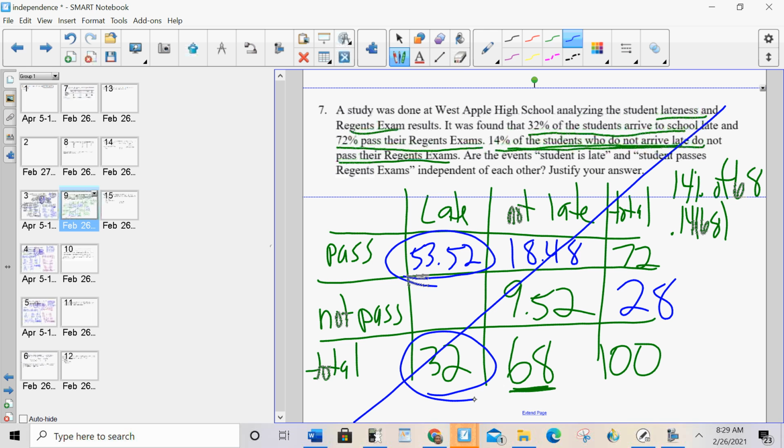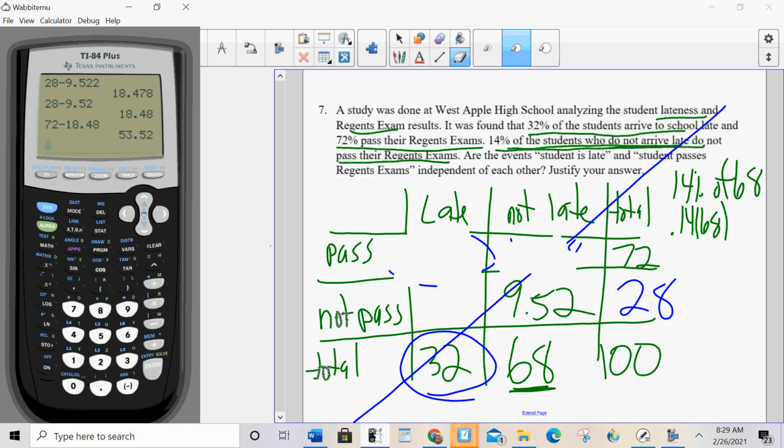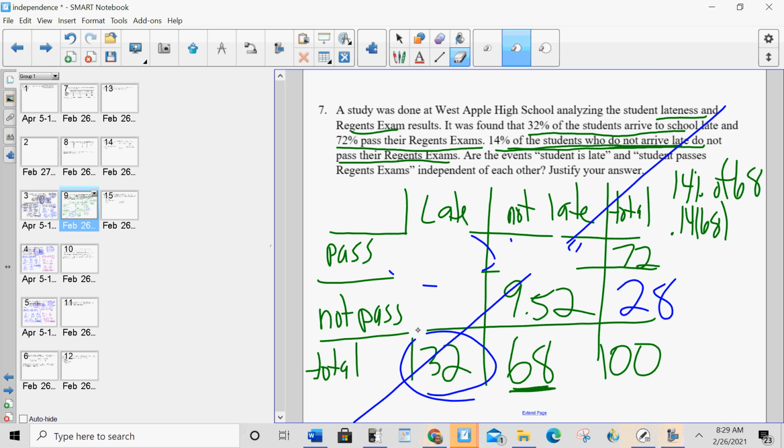So, I don't know. Something's not right. Let me see if I can find what's not right. Oh, wait. Hold on. I see what's not right. 68 minus 9. I don't know where I put 20. Oh, I see what I did. 28 minus 9.52 is 18.48.